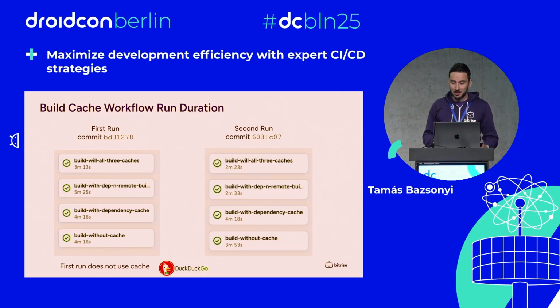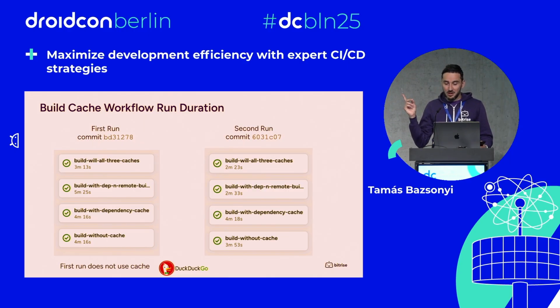And let's just look at what type of improvements you would be able to see. We were using the DuckDuckGo project for the tests. Here, what we saw is that the initial build took around 4 minutes. The one with dependency caching took 4 minutes and 18 seconds, which is a bit longer even.